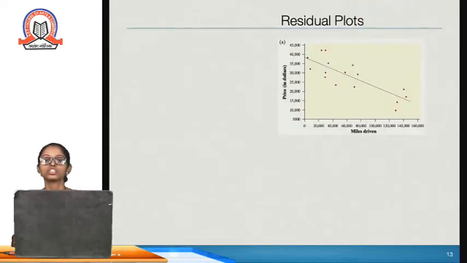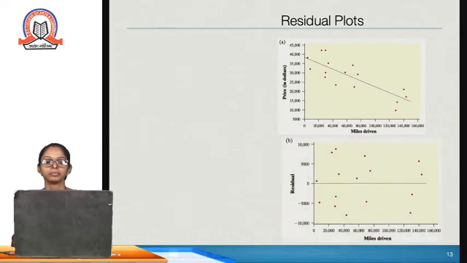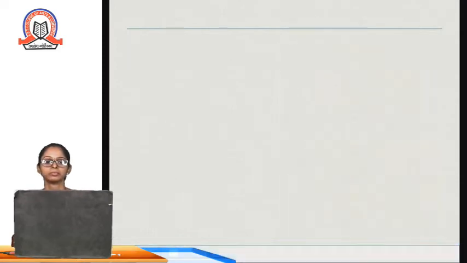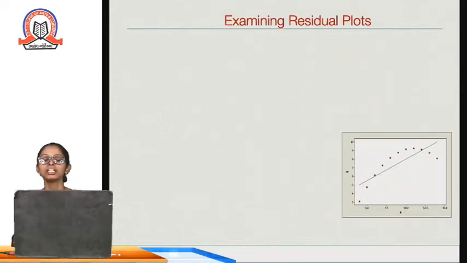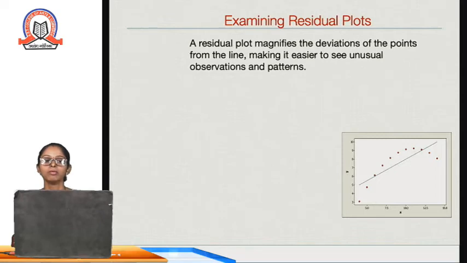This graph shows the residual plot of the example. This graph is for examining residual plots. A residual plot magnifies the deviations of the points from the line, making it easier to see unusual observations and patterns.